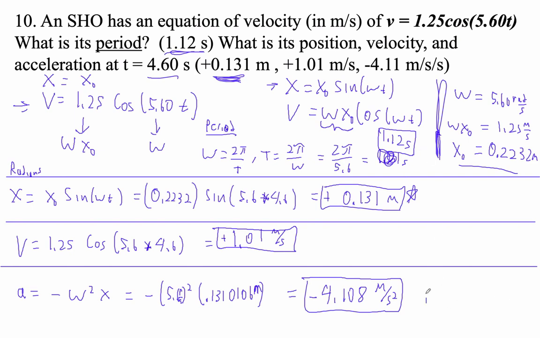If you just draw a picture of this thing, here's 0, here's a positive x naught, here's negative x naught. We are about here. The fact that we're here means that we're accelerating to the left. Anywhere to the right of this 0, we're accelerating to the left. All right.